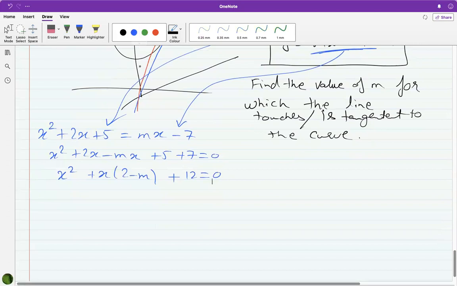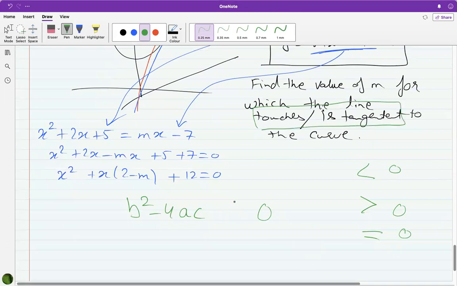Now the question says that the graph and the line intersect at one point. If they intersect at one point, b square minus 4ac, what is it? Less than 0, greater than 0, or equal to 0? You're right. If it touches at one point and is a tangent, then it is equal to 0.